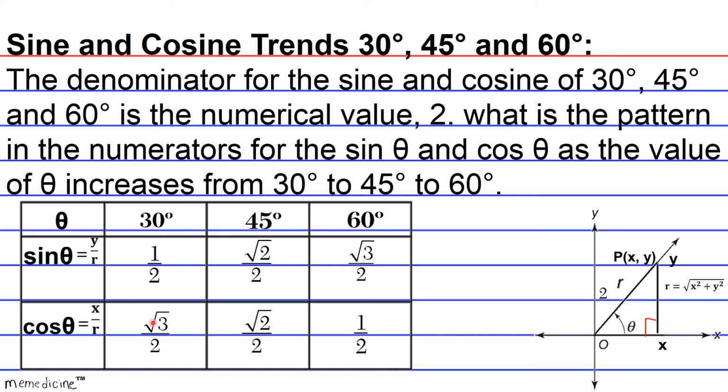And for the cosine of theta, with respect to 30 degrees, 45 degrees, and 60 degrees, the trend is that the numerator value decreases in consecutive square roots, starting with 3, 2, and it's understood 1 could always be represented as the square root of 1 because the square root of 1 is itself. So yeah, it's kind of neat, this trend. That's why I wanted to make this session, because I thought this was really, really cool.